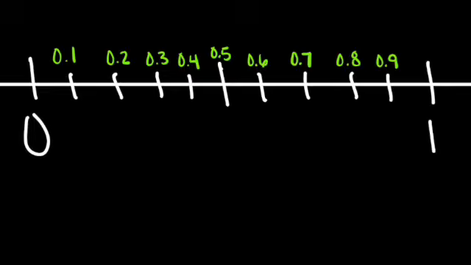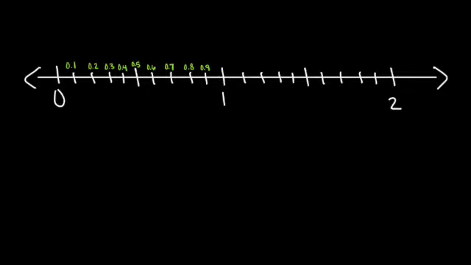Okay, so between 0 and 1, I would be counting by tenths. 0, 1 tenth, 2 tenths, 3 tenths, 4 tenths, 5 tenths, 6 tenths, 7 tenths, 8 tenths, 9 tenths, 10 tenths, or 1 whole. All right, now let's zoom in between 1 and 2 and fill in our decimal values.